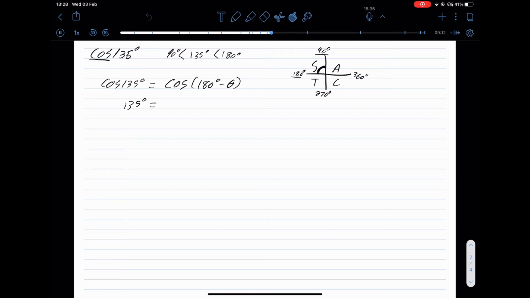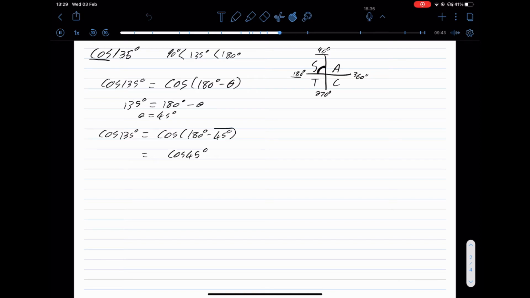We can say that 135 is 180 minus some theta, and we can find theta to be 45 degrees. After this, we write that cos 135 degrees is equal to cos of 180 degrees minus 45 degrees, and we write cos 45 degrees. However, something's missing here.